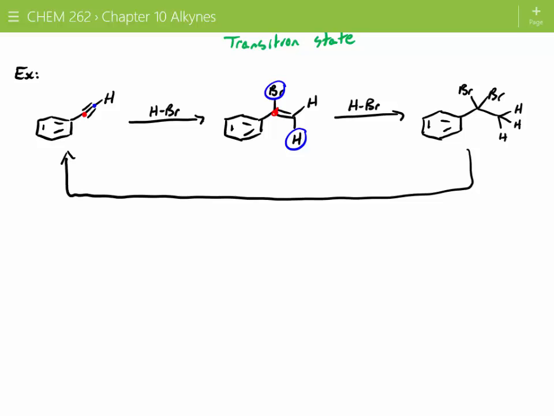What reagents do we need in order to do an elimination back to our alkyne? A strong base, right? And so typically the strong base that's used to go backwards is NaNH2. How many equivalents would we need? 2. So we could do 2 equivalents like we saw yesterday.